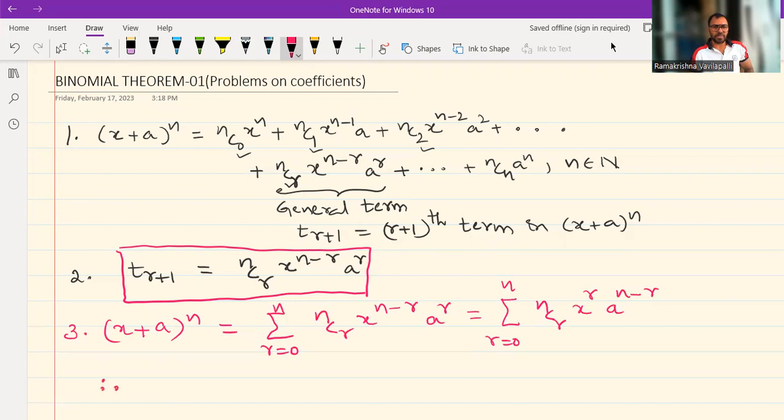Therefore, the coefficient of x^r in the binomial expansion (x + a)^n is equal to nCr a^(n-r).